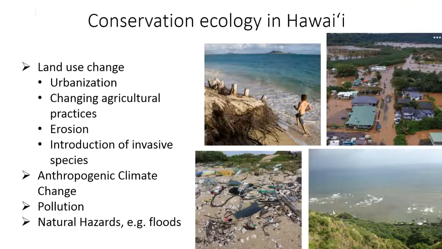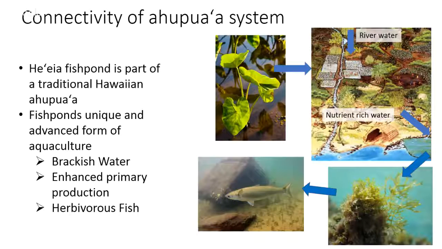Fishponds are one of the most ancient and advanced forms of aquaculture. You can see here on the top right, they are part of the traditional ahupuaʻa system, which is the Hawaiian word for watershed. This is really a very holistic form of land use management.